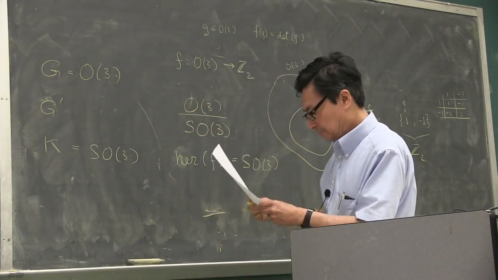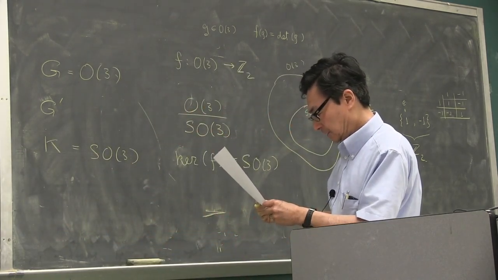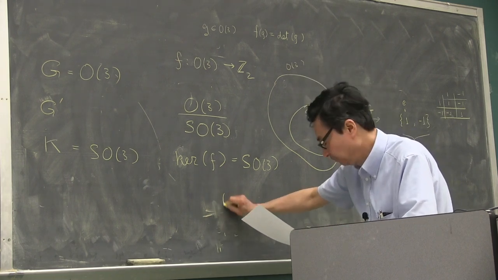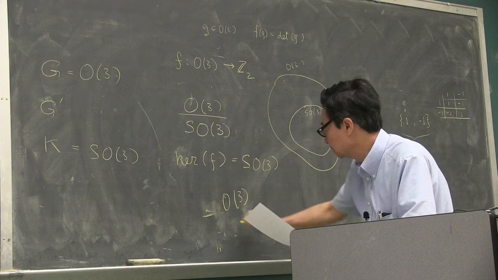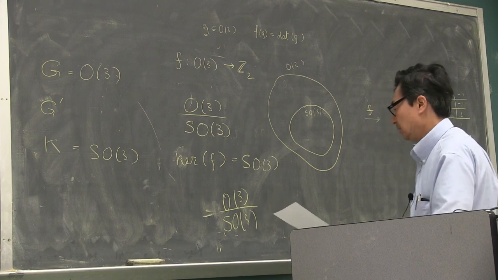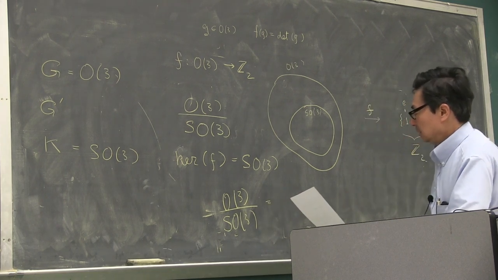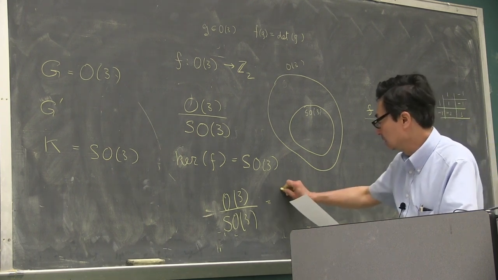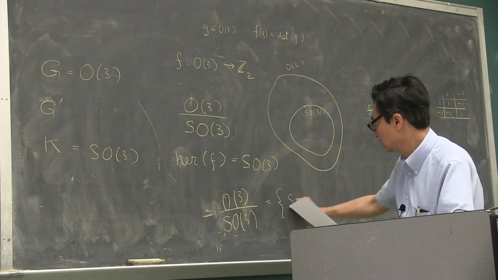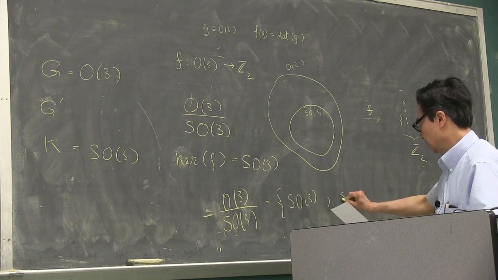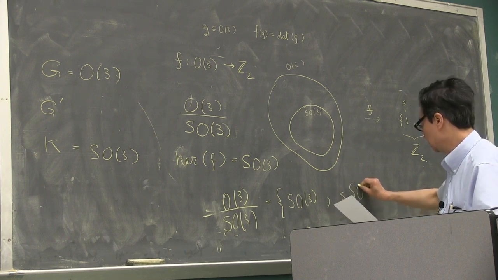I don't think I have time to prove it, but let me just quote the result to you. The group homomorphism theorem says that the quotient group O3 divided by SO3 gets mapped to a set of two things. The first one is SO3, and then the other thing, I'll explain what this means.